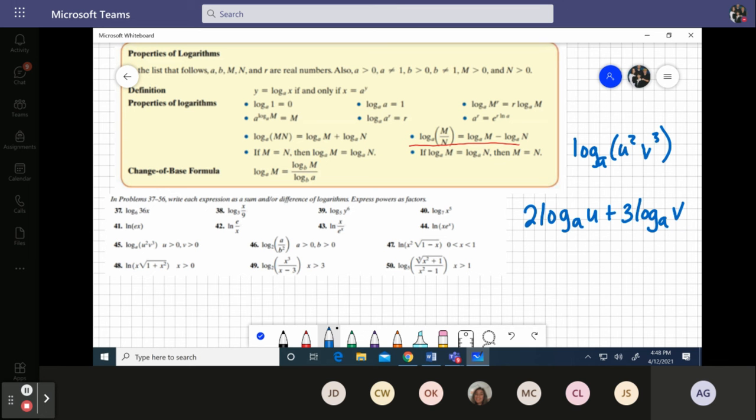Yes? 1 plus sign. Bring those exponents, anything raised to an exponent, down in front. This 2 is where this guy came from, and this 3 is where this one came from.